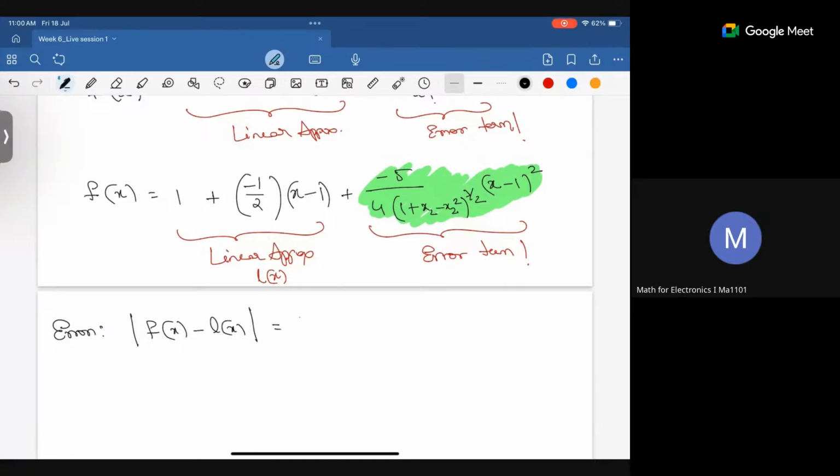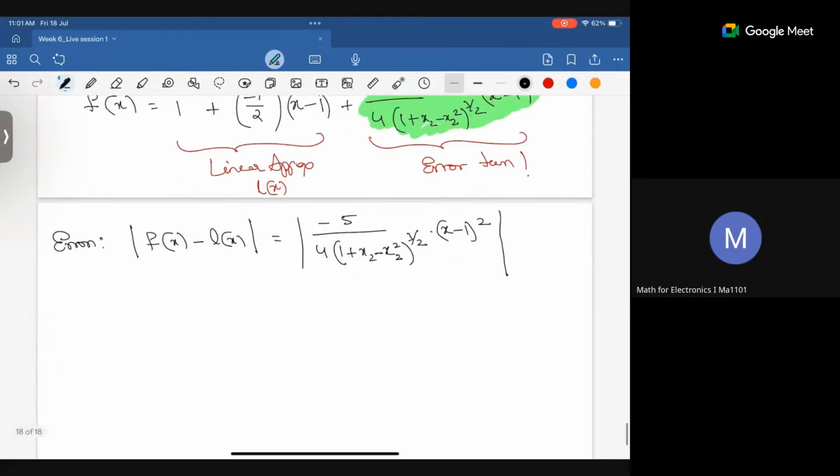This is minus 5 by 4 into 1 plus x2 minus x2 square whole power 3 by 2 into x minus 1 whole square.